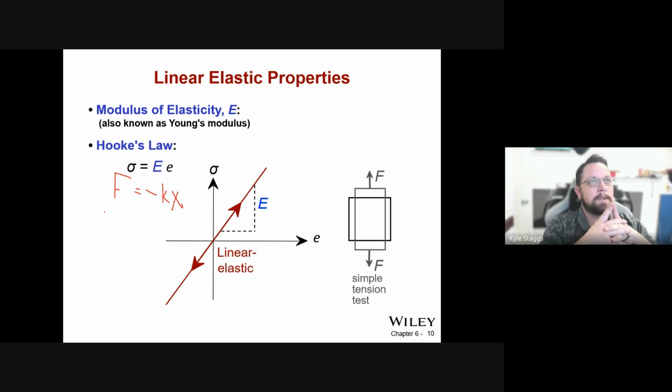So this is of the same form, referring to linear elastic regions. Hooke's law is applied to springs. This is where it's ultimately derived from. This principle that stress is equal to the modulus of elasticity, or Young's modulus, times epsilon. So again, our correct Greek character there, epsilon.